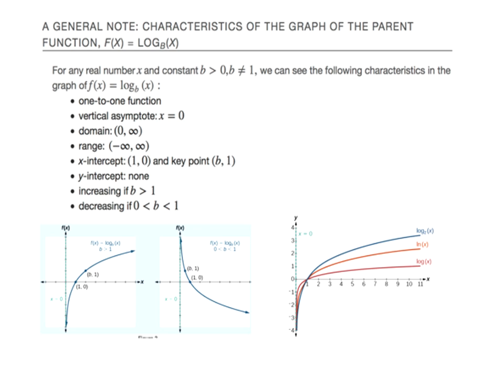And another key point, this is our base b, and our output is 1 there. Okay, y-intercept: there are no y-intercepts if I have not translated horizontally in the negative direction.